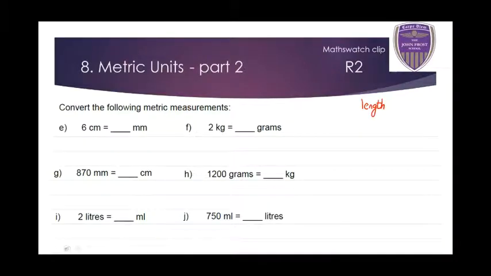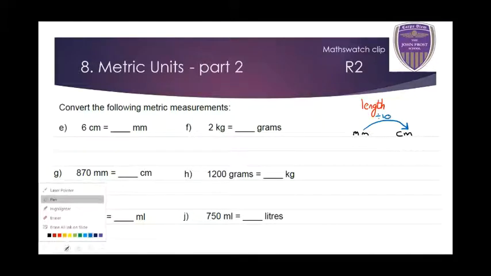so for lengths, let's change my pen. So if I have millimeters and I want to change it to centimeters, if I want to find out how many centimeters I have, I have to divide the amount of millimeters by 10, and that will tell me how many centimeters I've got.